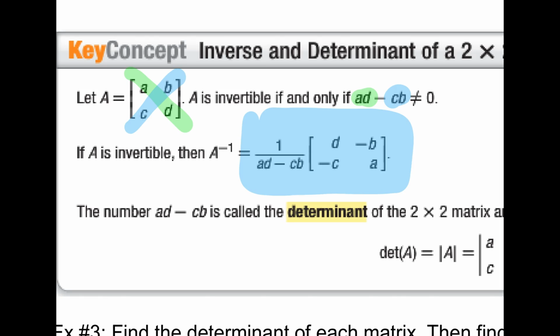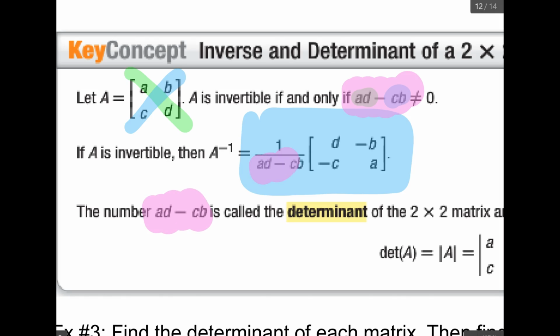It's literally just using this formula. You switch the locations of A and D, and then you just make B and C negative. That's all the difference is. You switch A and D, and then you make B and C negative. That's it.